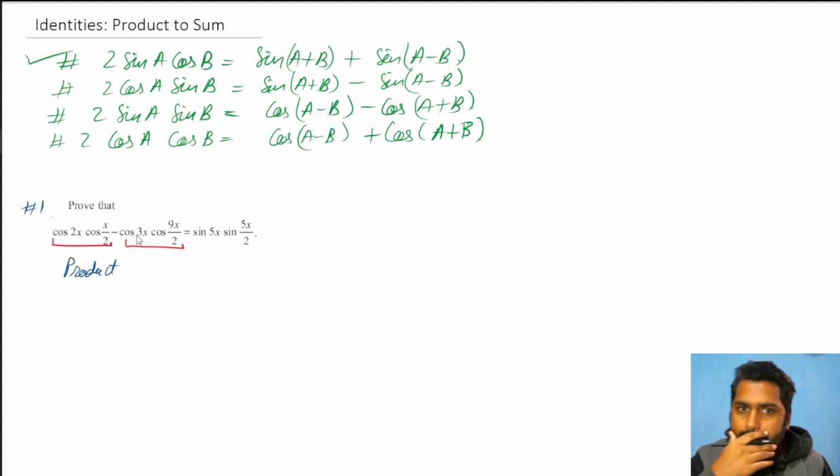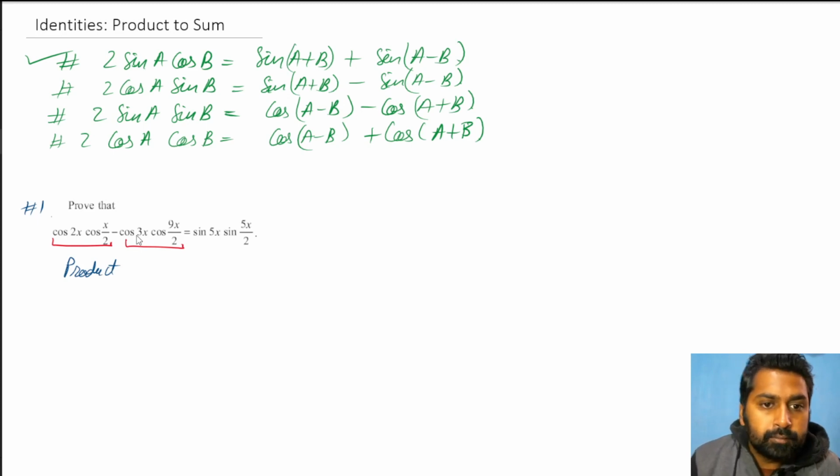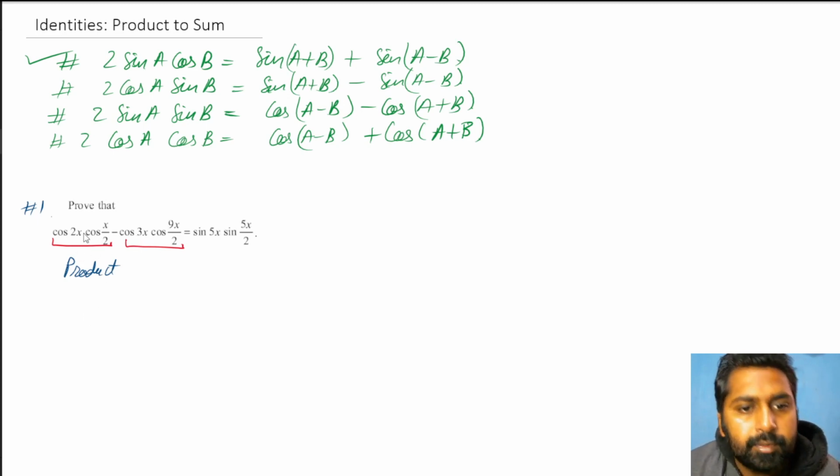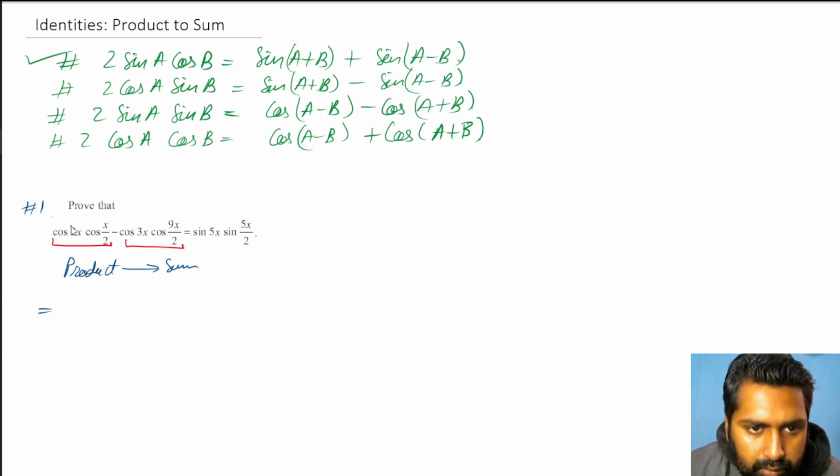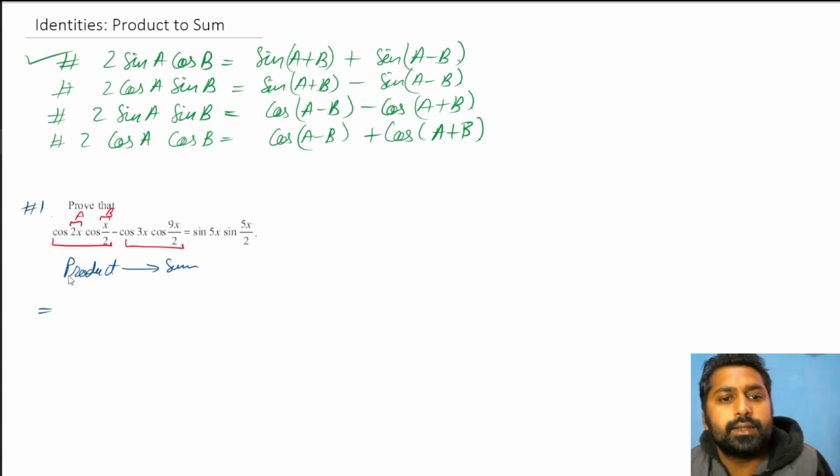So I cannot use any other identity right now. This is in the product form. If the question is in the product form, you generate it to sum or difference. So I have to convert it product to sum. Let's do it. This is cos A cos B. But look at the identity.